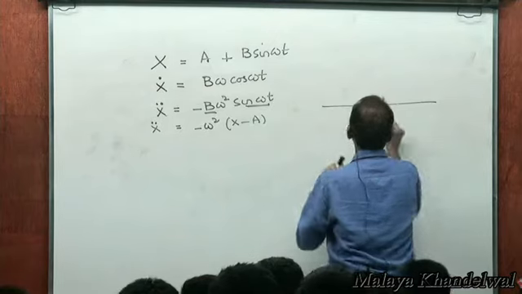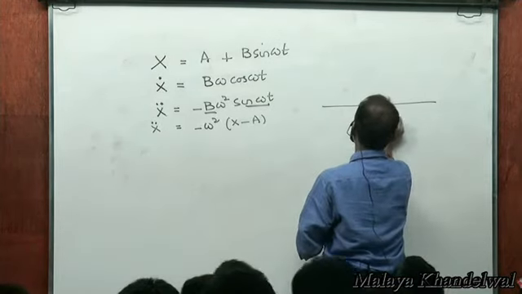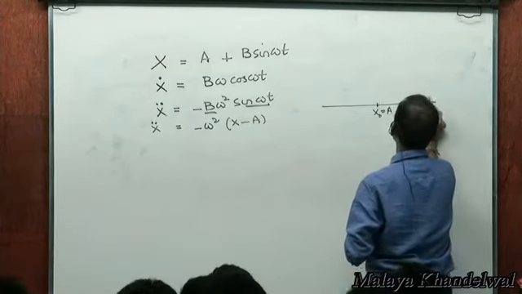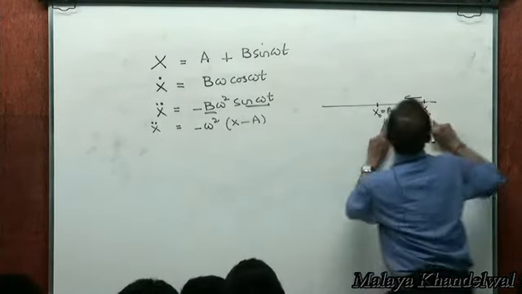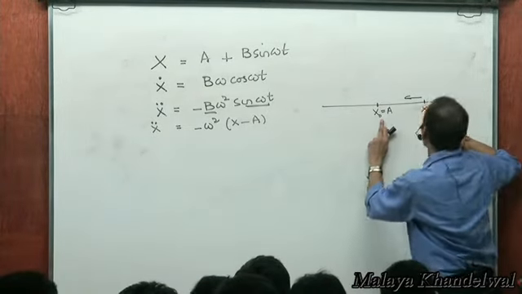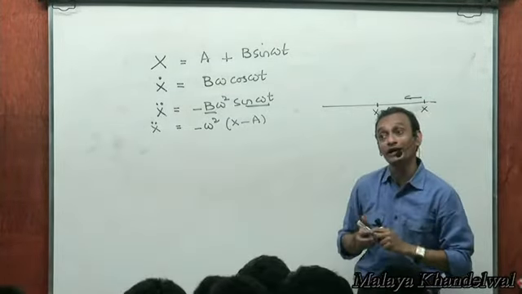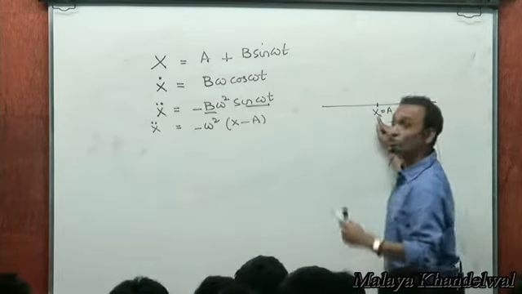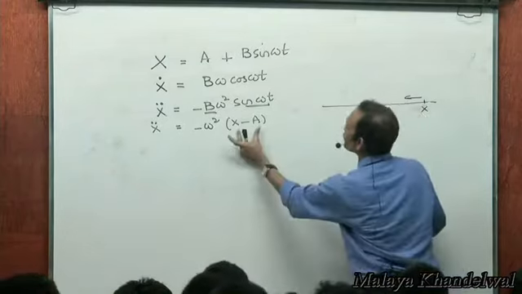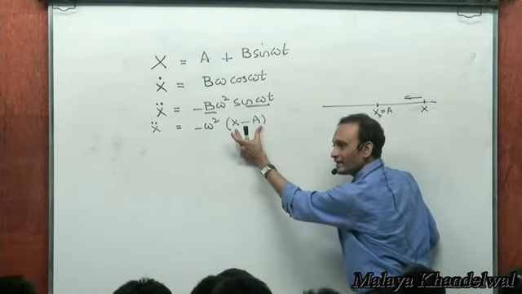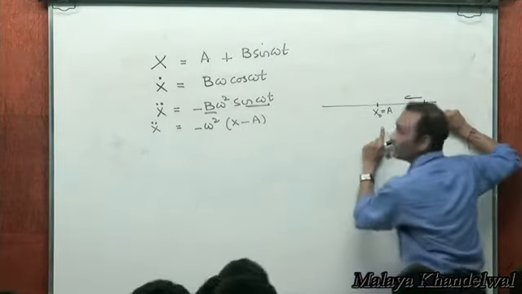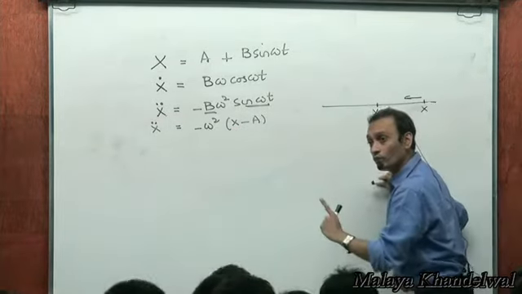This is a point x naught equal to a, and the acceleration at any given x is proportional to how far it is from a. Yes or no? Therefore, this motion is also simple harmonic, except that the mean position is not x equal to 0 but is x equal to a. x minus a is the distance from a of any given x. Yes or no?